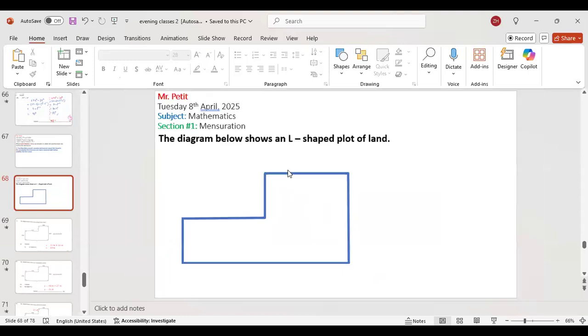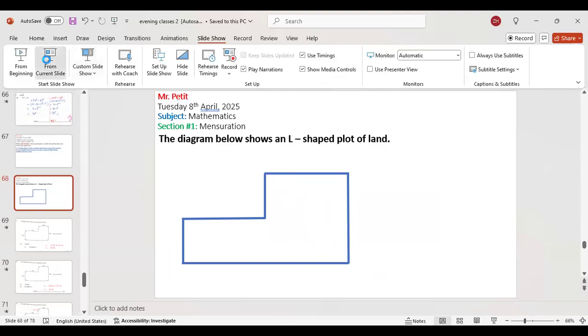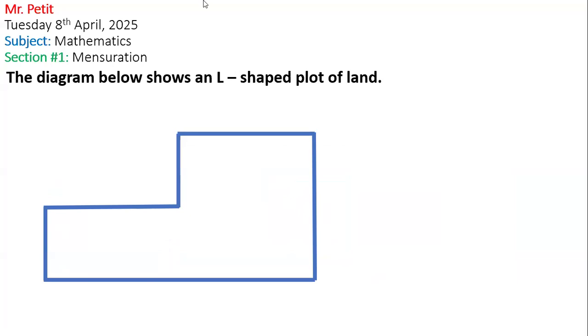So what we want to do here is I want to label this. Let's say that this right here is 34 meters. Let's say that this is 27 meters. This is going to be our right angle right here. This again is our right angle.